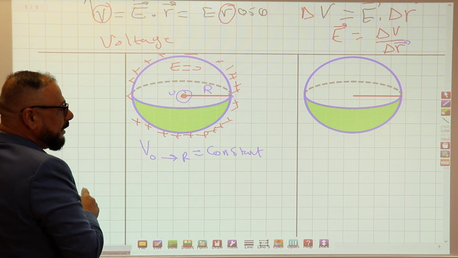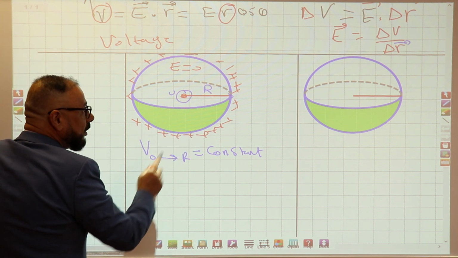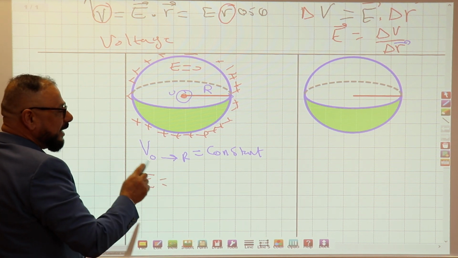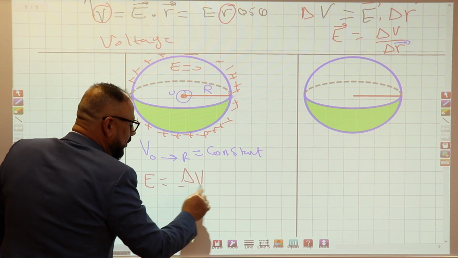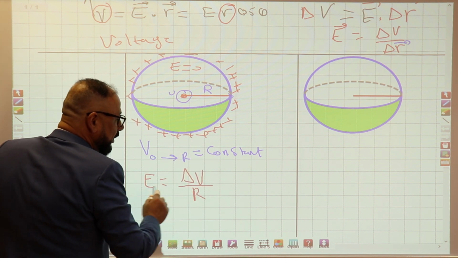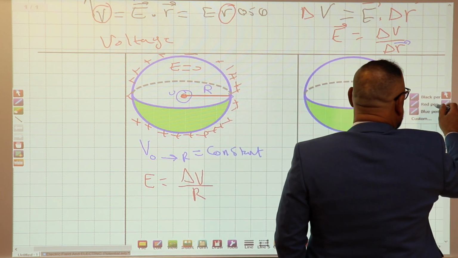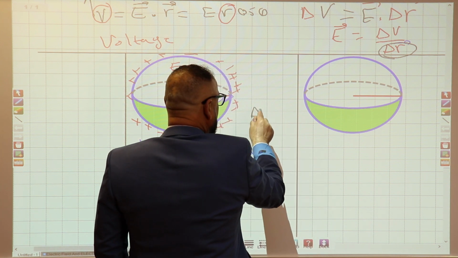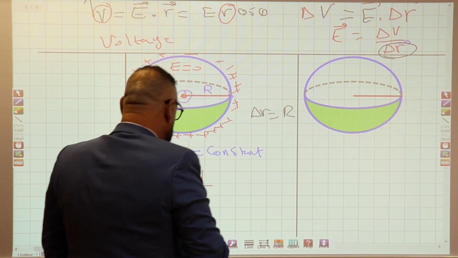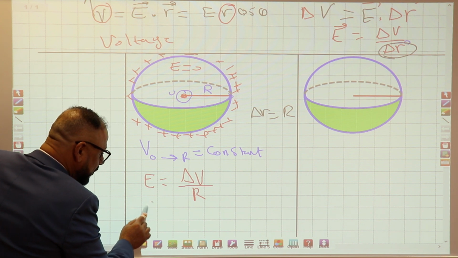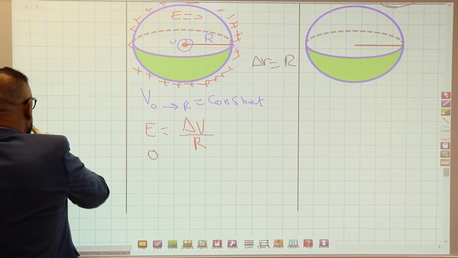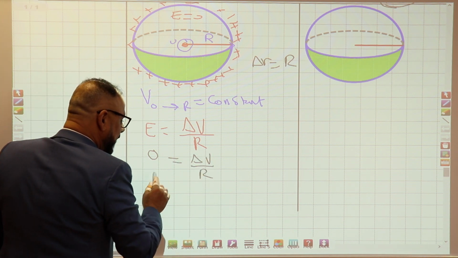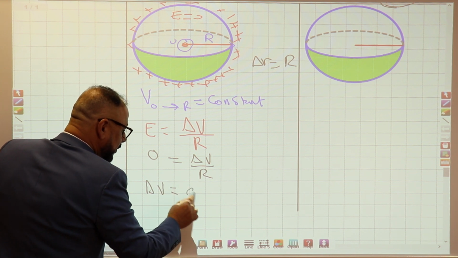Why? Look here. We said E is 0. Go back to the formula, E equals delta V over delta R. Delta R, in this case, is the radius. And we know E is 0, so 0 equals delta V over R. Cross multiply, delta V equals 0.